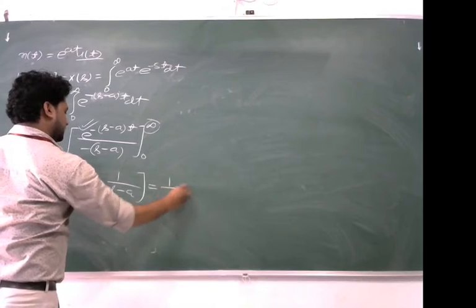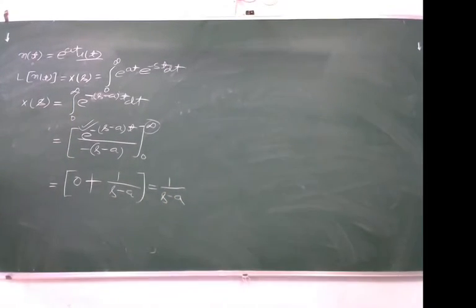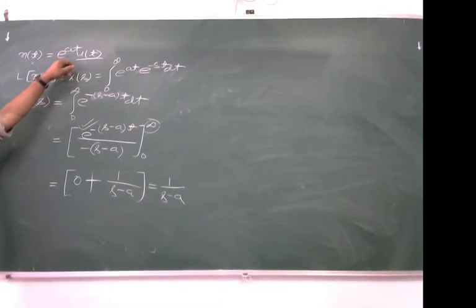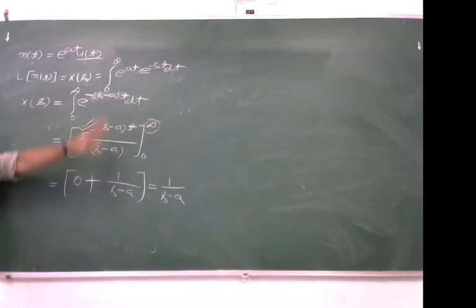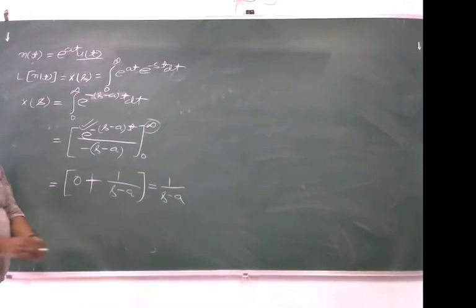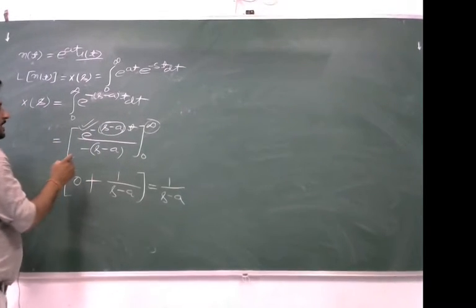It means that we can find the Laplace transform of this simple e^(at), which is not absolutely integrable, but with a certain condition: s minus a should be greater than 0.